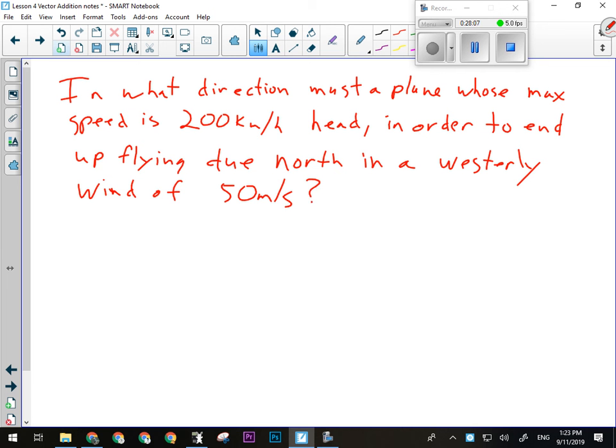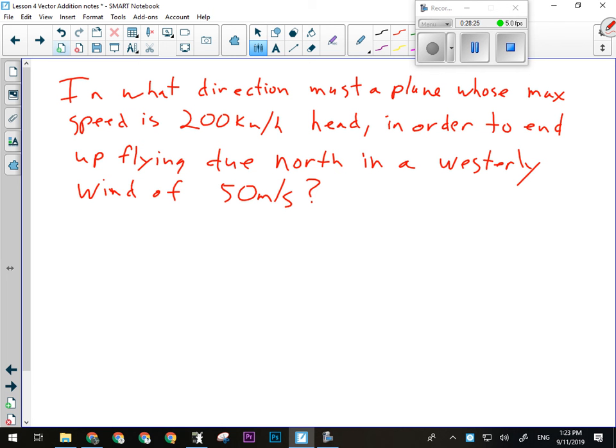Okay, so a boat question could work like this. It could be a plane, and it could be a plane that is flying in a crosswind. So write this one down, because this is another example of a boat type question.